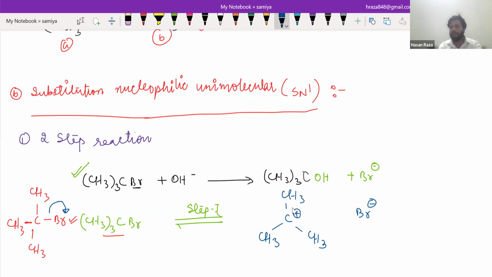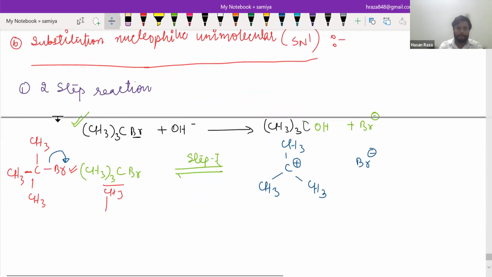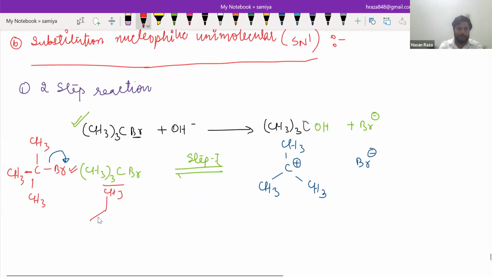So in the first step there is formation of a carbocation. In the middle it is carbon, positively charged, known as a carbocation.